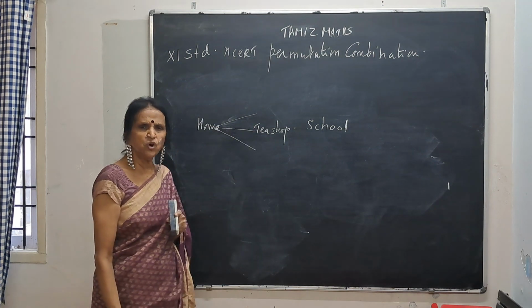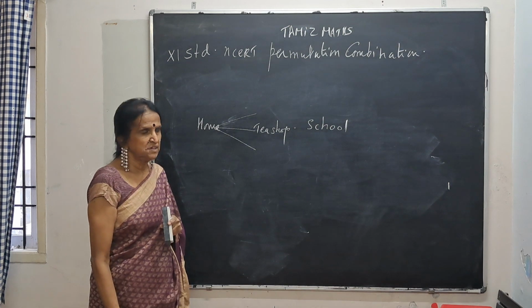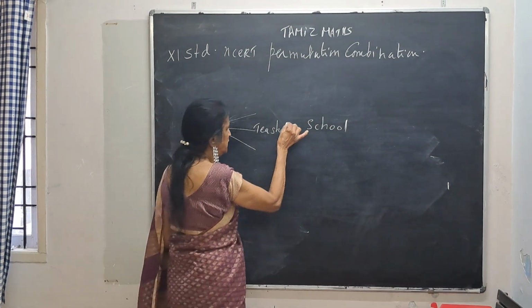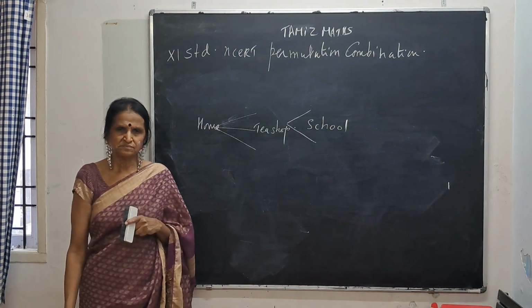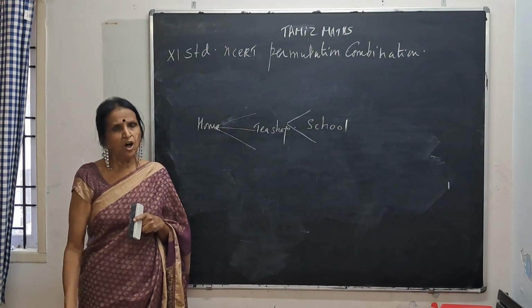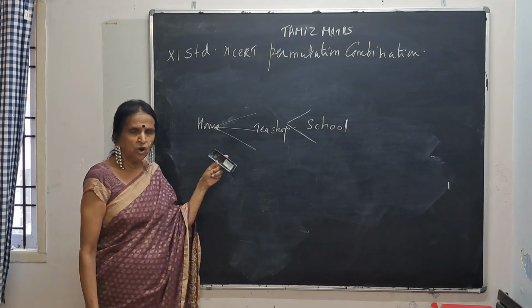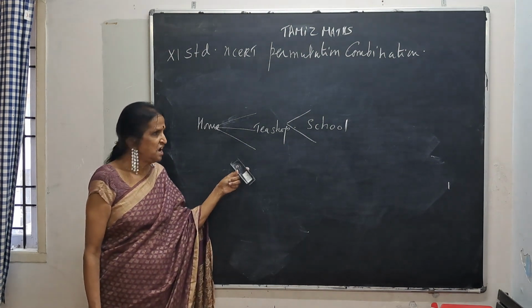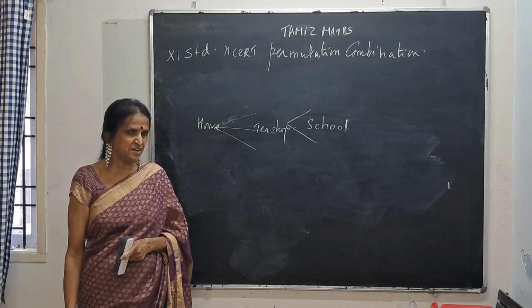There are 3 routes you can take to go to the tea shop. And from the tea shop, there are 2 routes you go to school. In how many ways can you leave your home, go to the tea shop, have a tea, and then go to school? In how many ways can you do it?